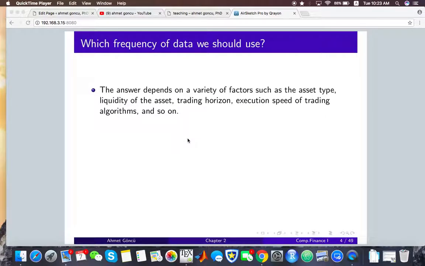One of the important questions when we do financial modeling is which frequency of data we should use. The answer depends on a variety of factors such as the asset type, liquidity of the asset, trading horizon, execution speed of trading algorithms, and so on.